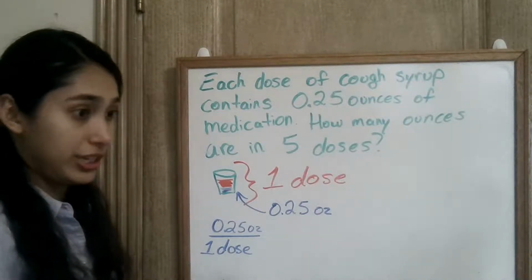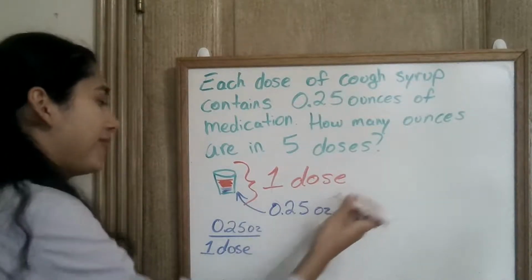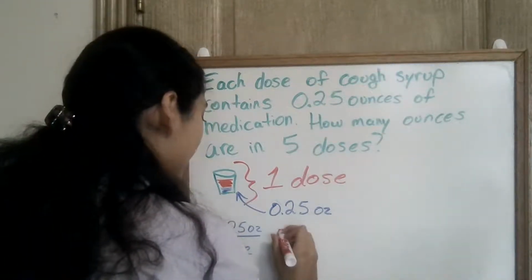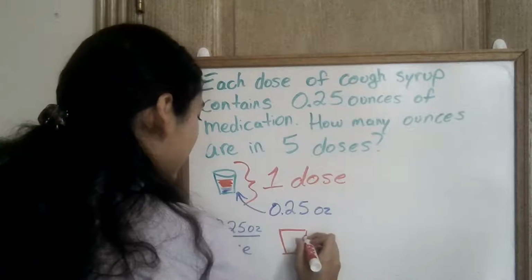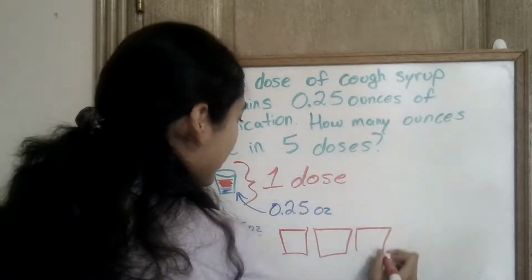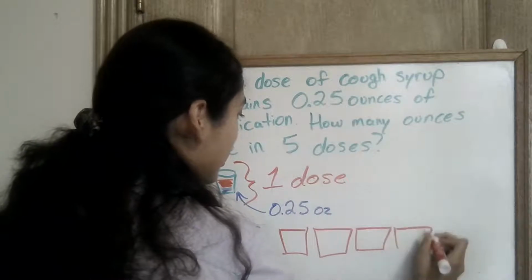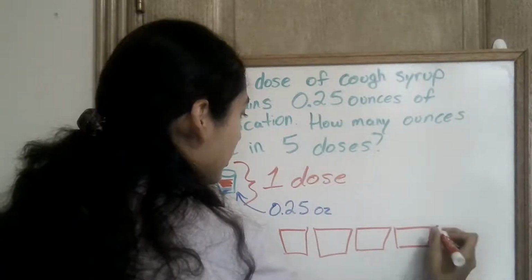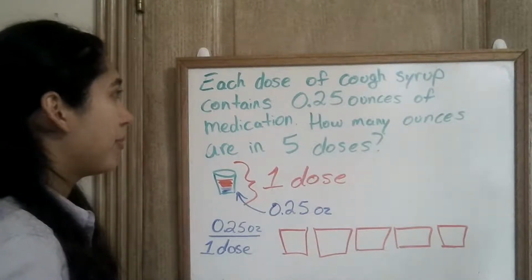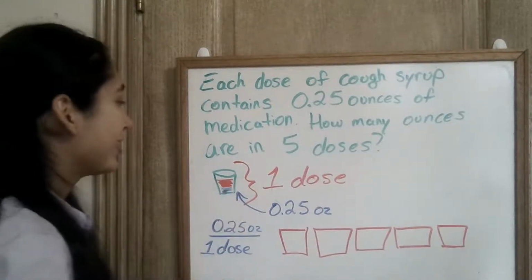One way that you can cheat is by drawing. So these are my little cough syrup containers.